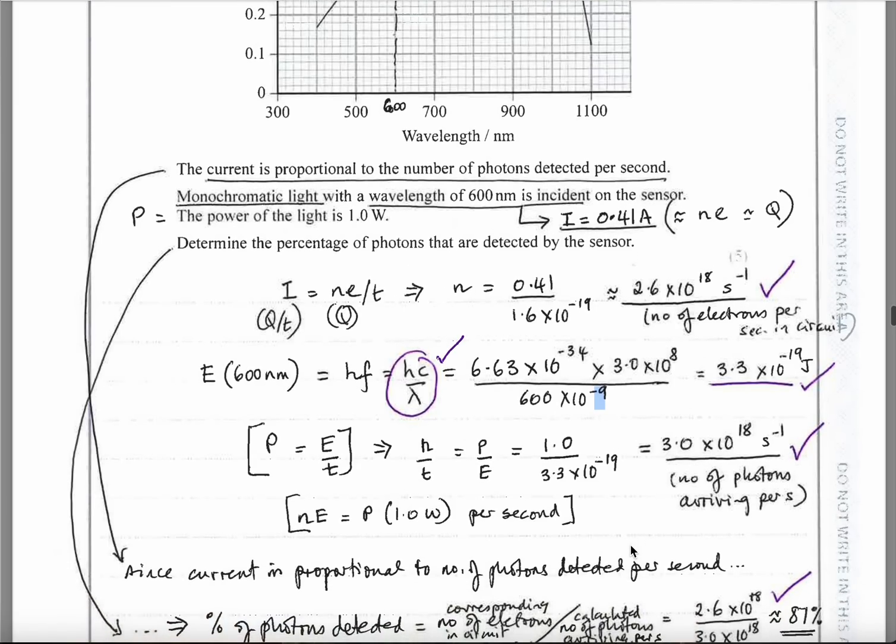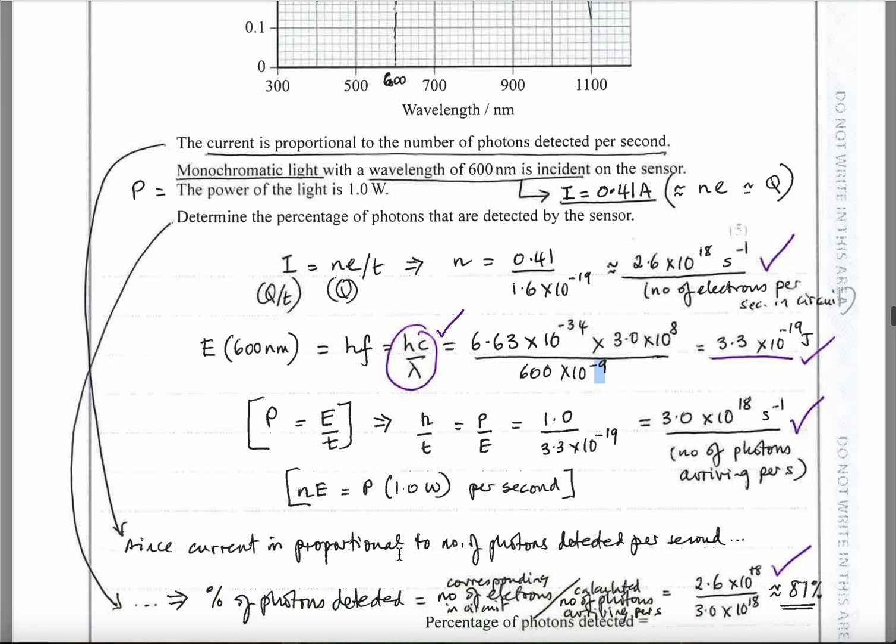So the efficiency of it, since the current is proportional to the number of electrons emitted by the photons detected per second, you can then work out the percentage of photons detected, which corresponds to the electrons emitted.